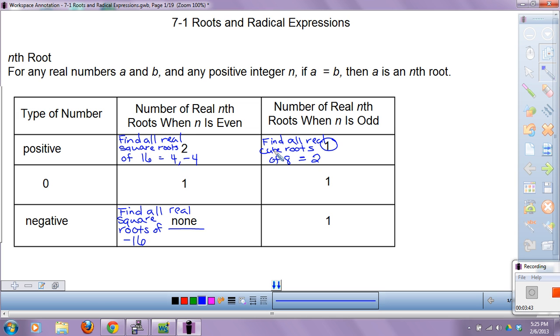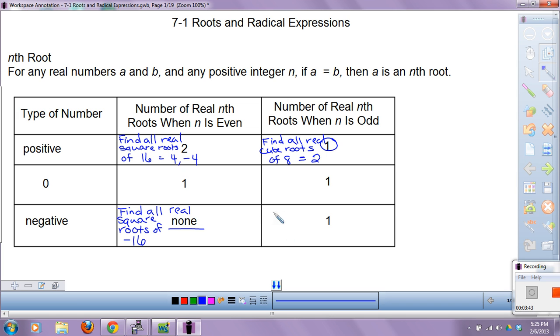So the cube root, the fifth root, the seventh root, the ninth root, there's only going to be one of them. 0, if you take the cube root of 0, 0 times 0 times 0 is 0. Again, you only have one option. There isn't a negative 0, so there's only one nth root.